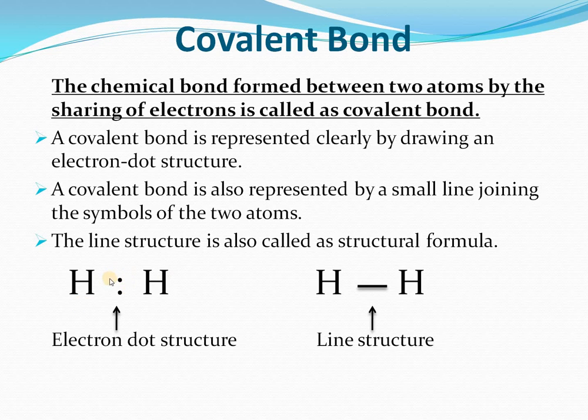This pair of electrons shows that one electron is shared by one hydrogen atom, while the other electron is shared by the second hydrogen atom, and that's why the bond is formed due to the sharing of one pair of electrons. That's why it is a single covalent bond, and that's why a single line is shown between these two hydrogen atoms.